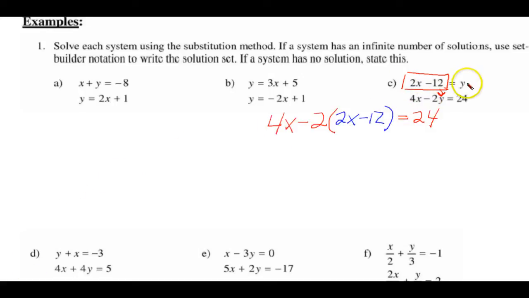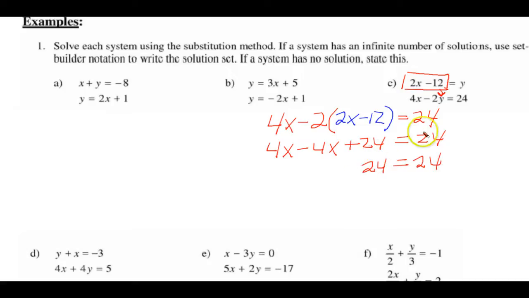So once again, we're going to take this value of y, which is this, and in the other equation, substitute it for the y. Now we clear parentheses. Now notice, interestingly, the x's cancel out, and we're left with the statement 24 equals 24.